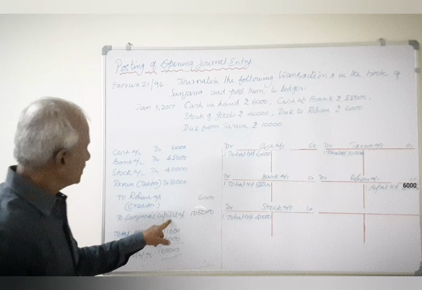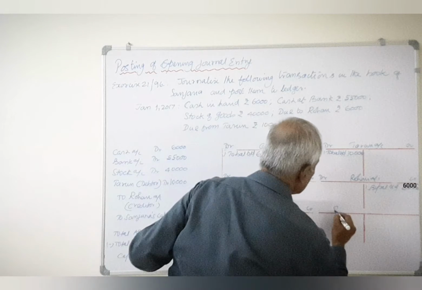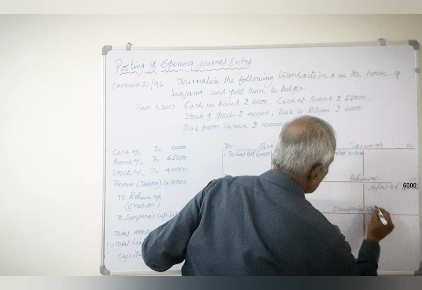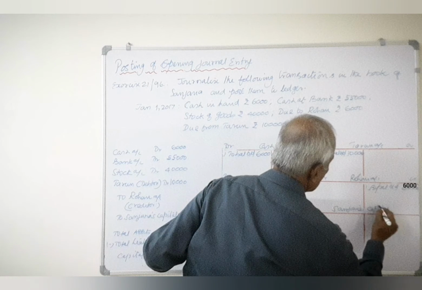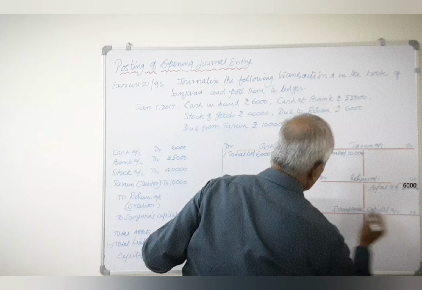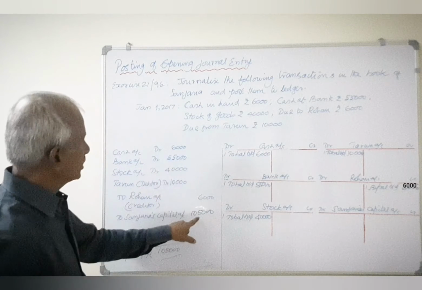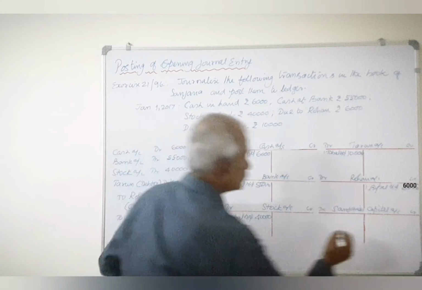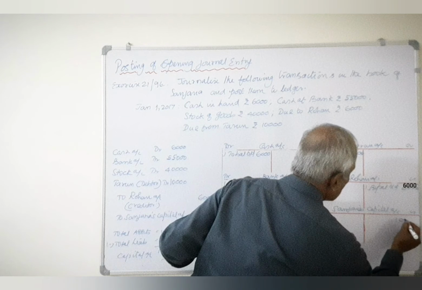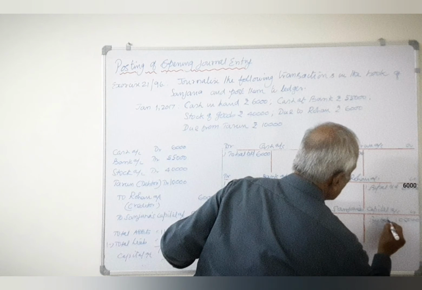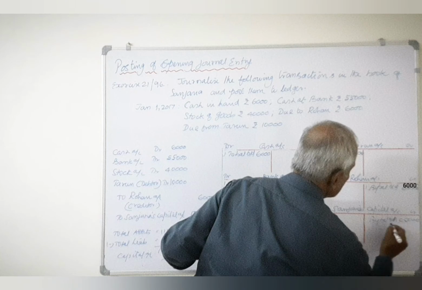Then open Sanjana's capital account. Credit side, debit side. Now on the credit side of Sanjana's account, you have to record 1,05,000. So 1,05,000 by balance, because it is last year's balance.